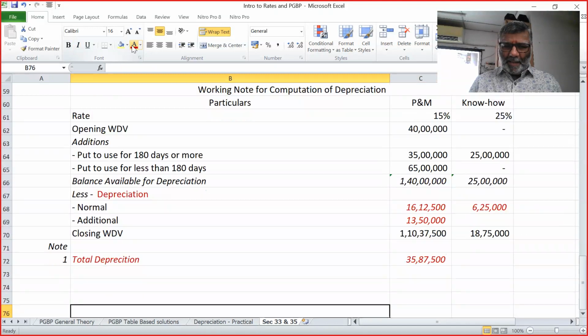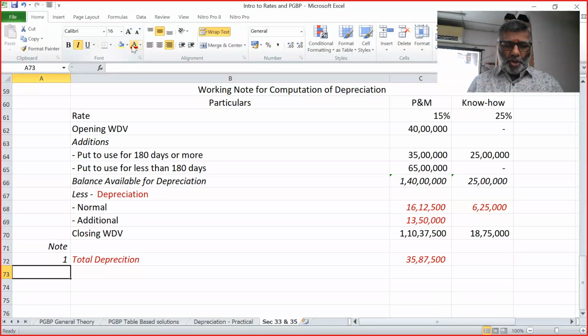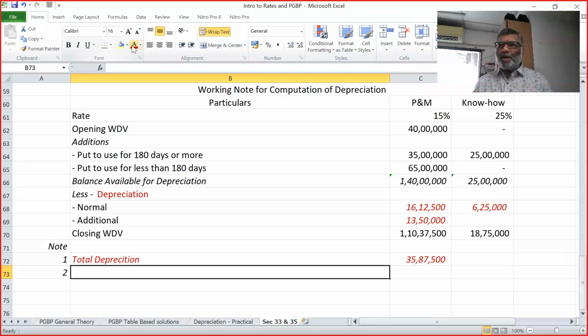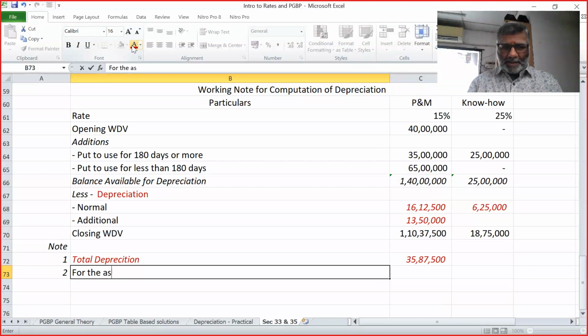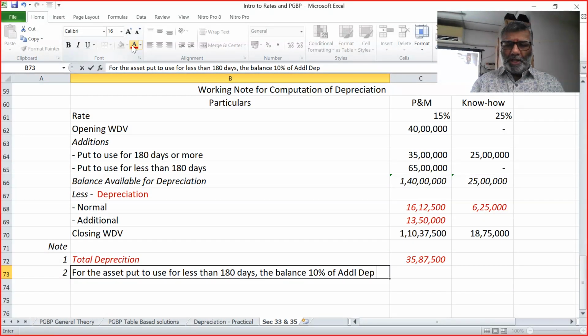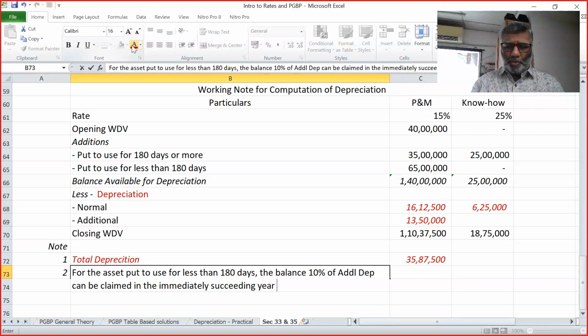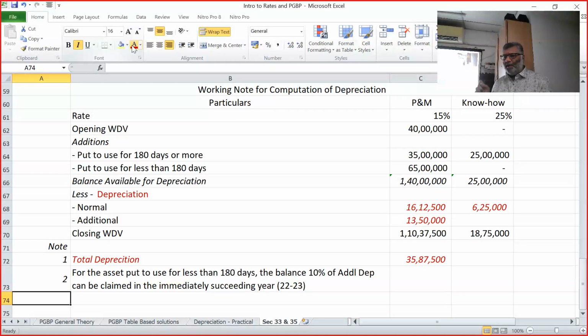In the examination also, I insist you write this note, so that you are communicating to the examiner that you know the provision. For the asset used for less than 180 days, the balance 10% of additional depreciation can be claimed in the immediately succeeding year, or you can write it as 22-23. Please write this note, that will give you an additional edge in the answer, that you know the provision.